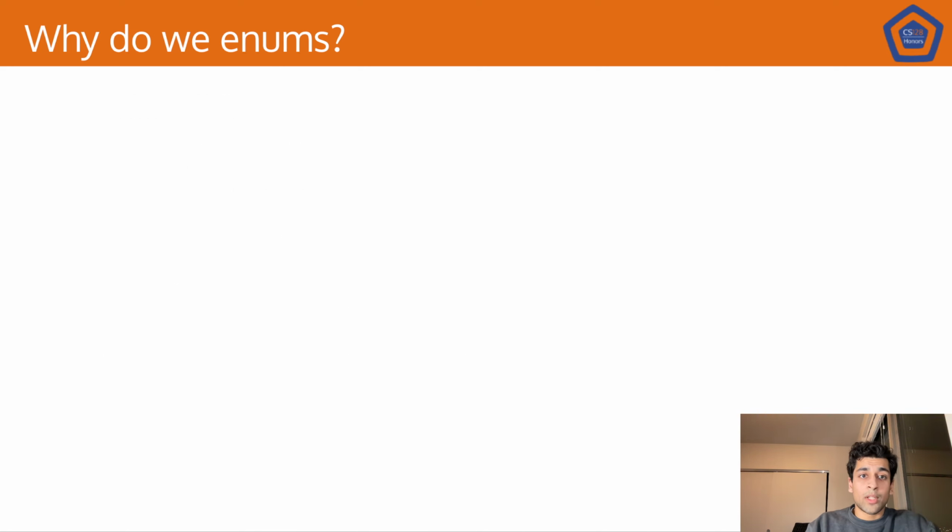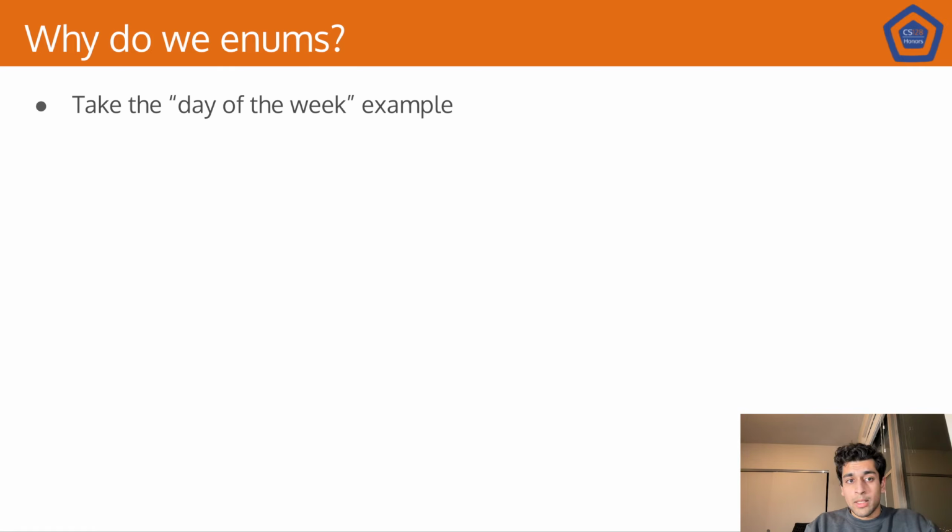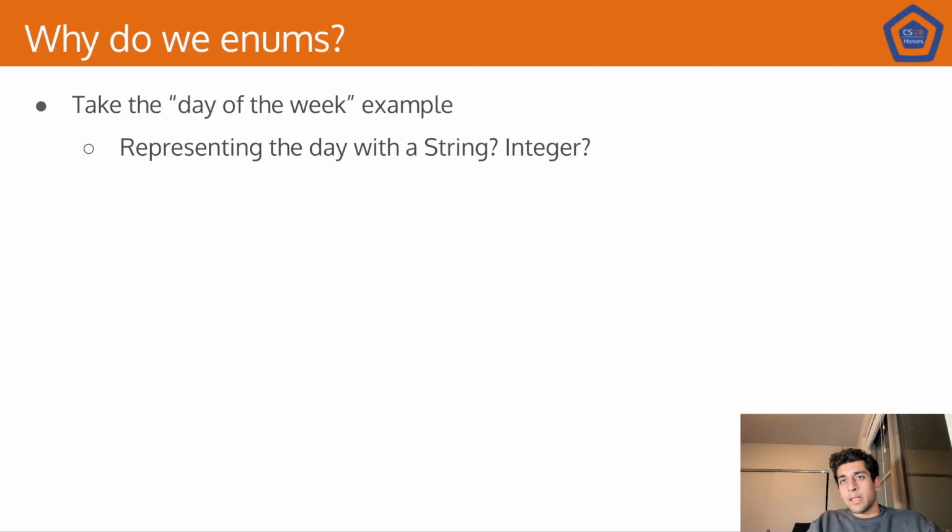Okay, so why do we need enums? Well, take the day of the week example. What if we tried representing the day of the week as a string or an integer? If it's a string, we can just type out Monday, Tuesday, Wednesday, Thursday, Friday, so on. But what happens if we forget to put this to uppercase, or let's say we end up making a typo? We will have to do that string parsing ourselves.